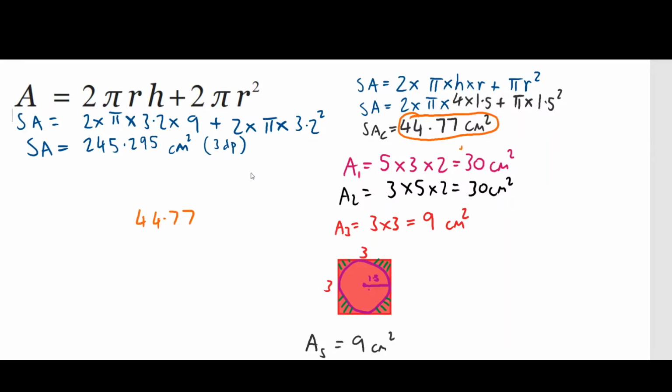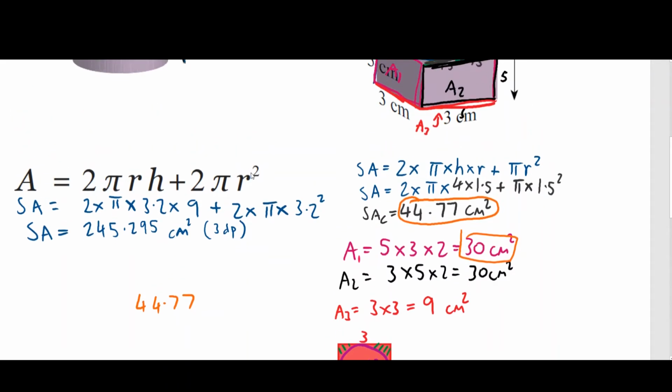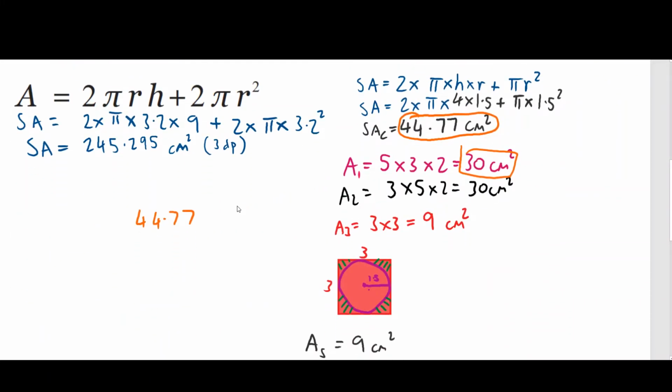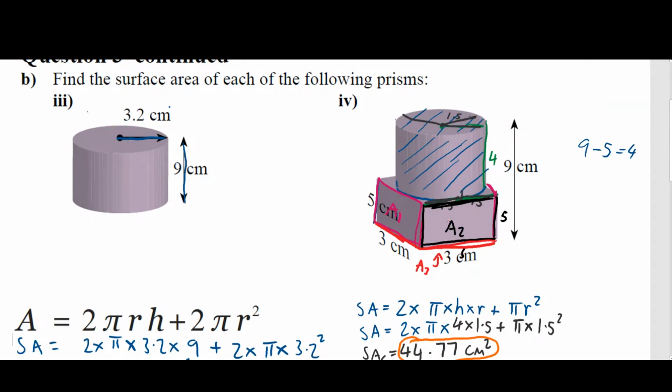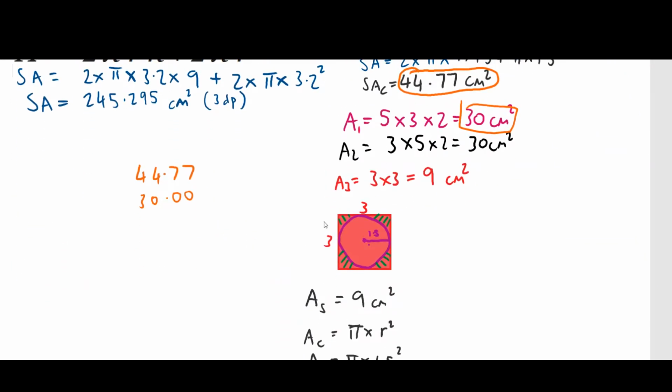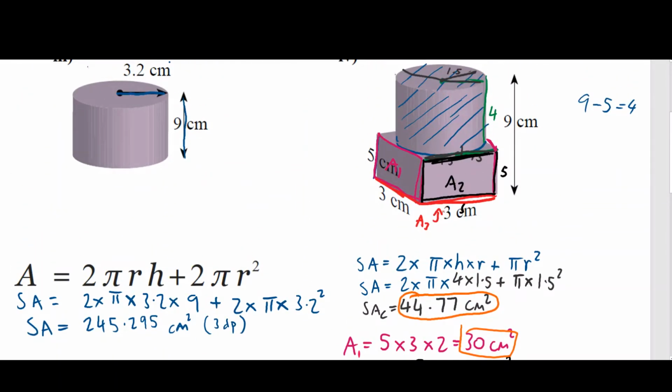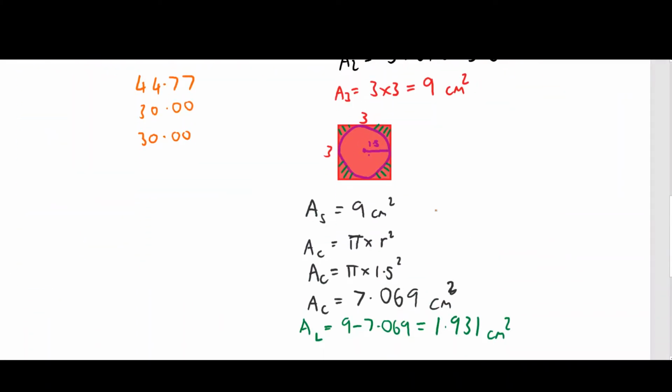Then area 1, the front bit and the back, that's 30.00, and area 2, which was also 30. And then I've got area 3 on the bottom, which was 9.